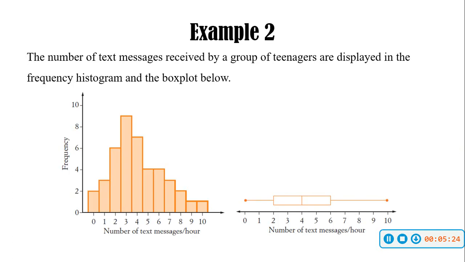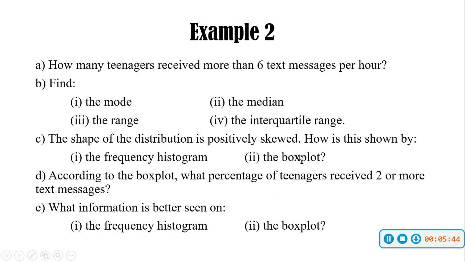Example 2. Here we are going to compare two different displays for the same set of data. This shows the number of text messages received by a group of teenagers displayed in a frequency histogram as well as in a box plot. Now these are the questions. Let's go through these questions one by one.